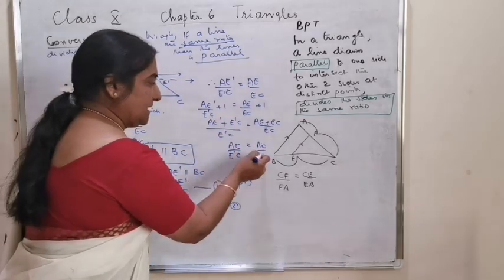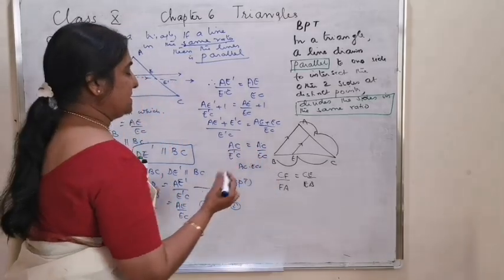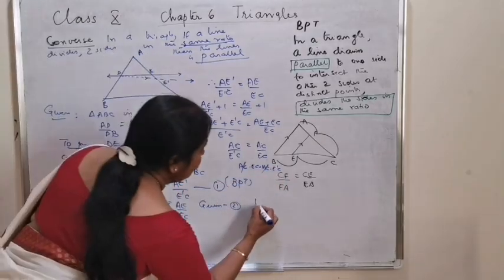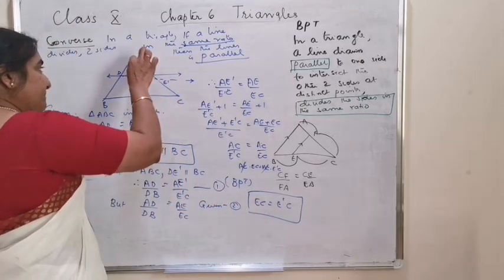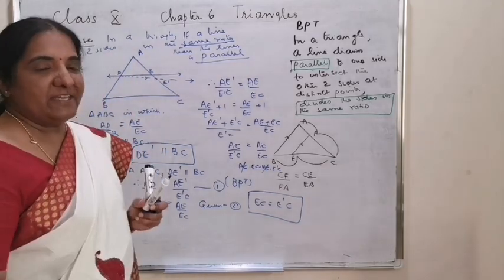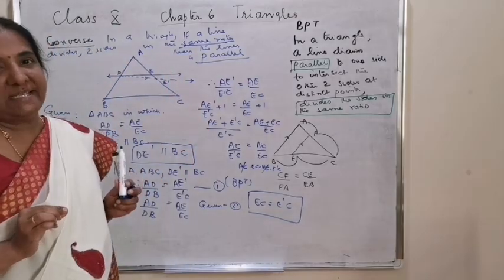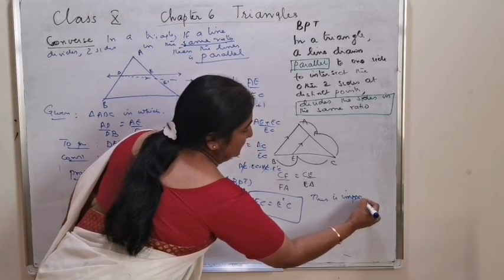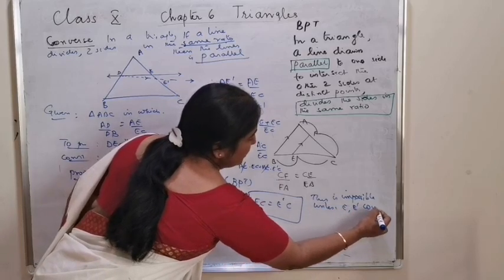You can understand that they are equal, or you can cross multiply: AC into EC is equal to AC into E dash C, which proves that the lengths EC and E dash C are equal. This is impossible unless E and E dash coincide.